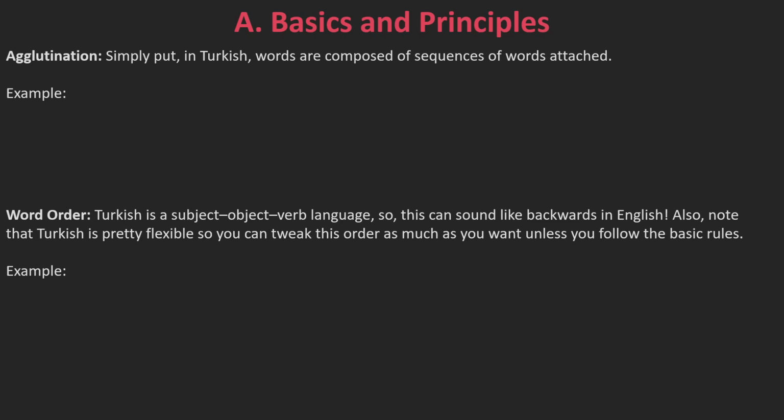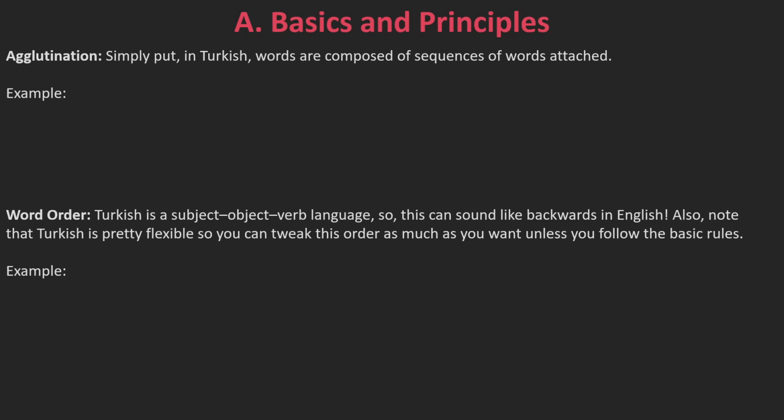So the very first thing you need to know about Turkish is agglutination. When you know what agglutination is, you will be able to form your own sentences. I know that some people want to learn things from TV shows, but if you do this, you will be limited to what you hear.